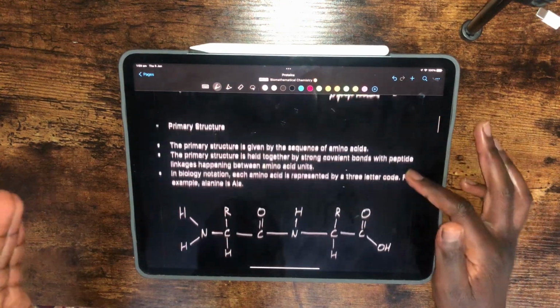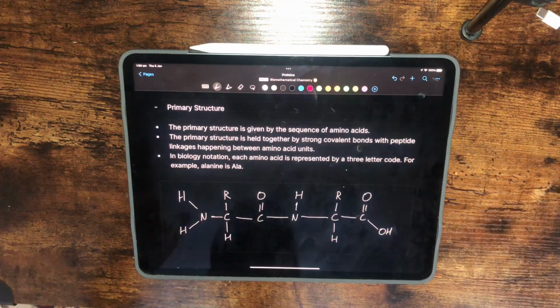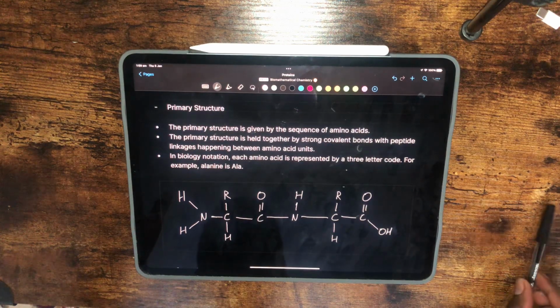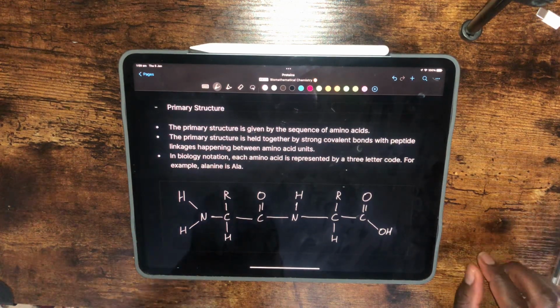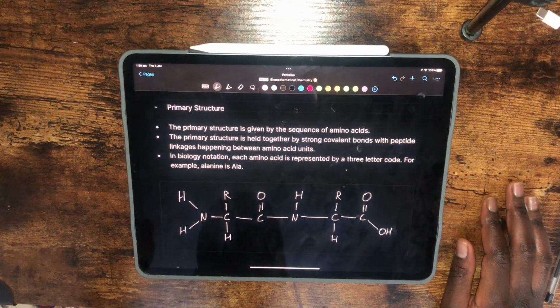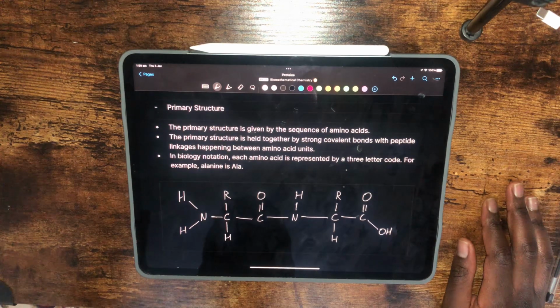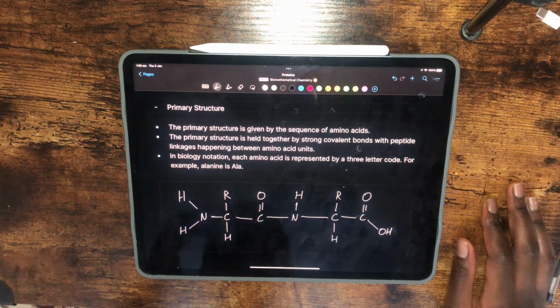Alright, so primary structure. The primary structure is given by the sequence of amino acids. The primary structure is held together by strong covalent bonds, with peptide linkages between the amino acid units. In biology notation, each amino acid is represented by a 3-letter code. For example, alanine is ALA, glycine I believe is GLY, methionine is MET, but you don't need to know that.